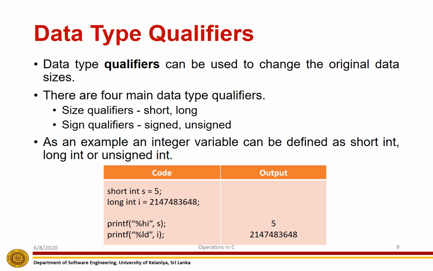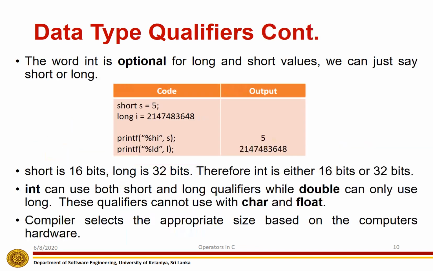So it has given the output correctly. The word int is optional for long and short values. We can just say short and long. It means you can see in the slide, earlier we used short int and long int, but in here just short and long, but it will give the same answer as earlier. Format specifiers are also the same, just ignore the word int.